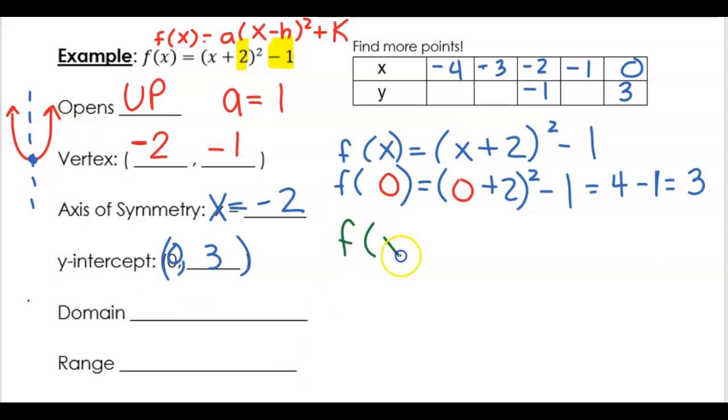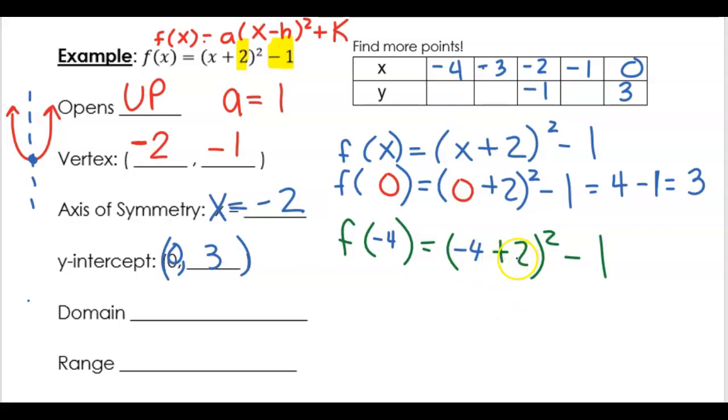My original equation is, and I am going to substitute in place of the x, I'm going to substitute in a -4 to find this point right here.